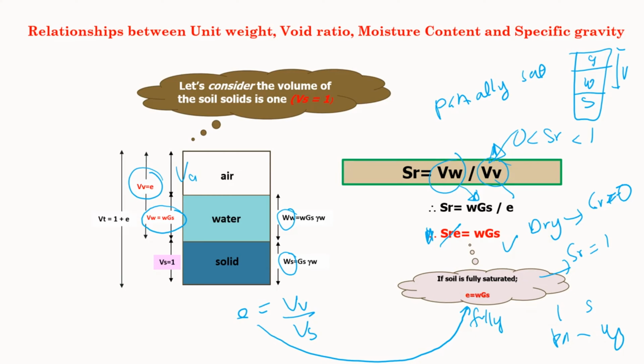And you can also use this equation, which we simplify to e equals w Gs over Sr. It is another equation for void ratio that you can use for soil that is partially saturated. But if the soil is dry, you cannot use either this equation or this equation. Remember that.